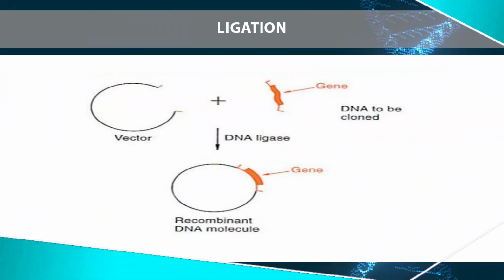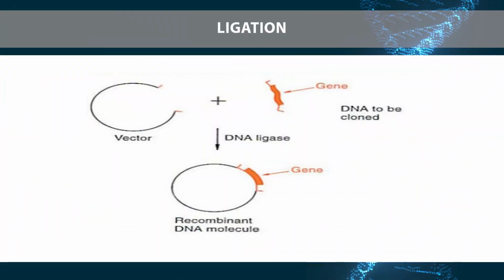Then the next class of enzymes are ligases. From the name itself, they help in ligation, that is, they help in joining DNA molecules together. Ligation is the final step in construction of a recombinant DNA molecule. See, there is a nicked vector molecule.